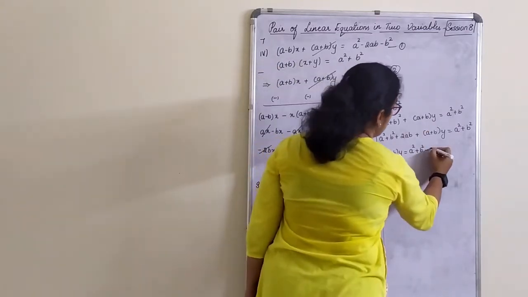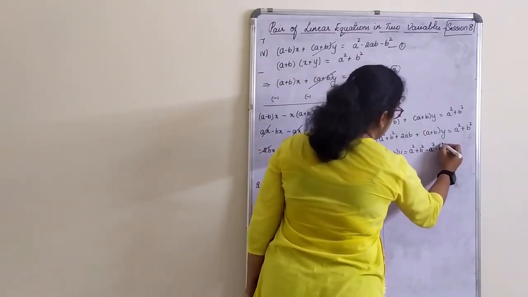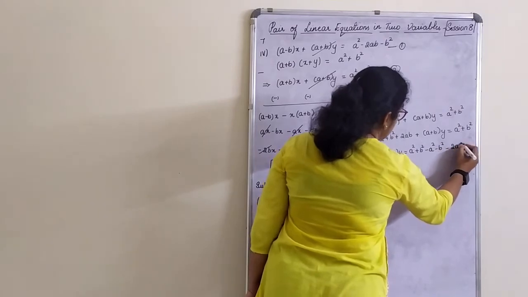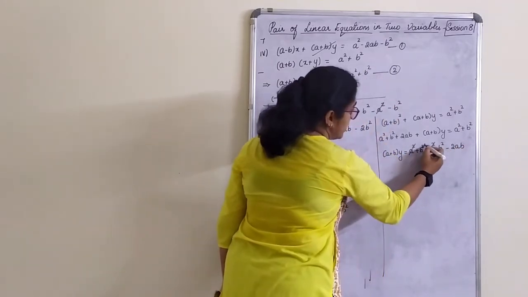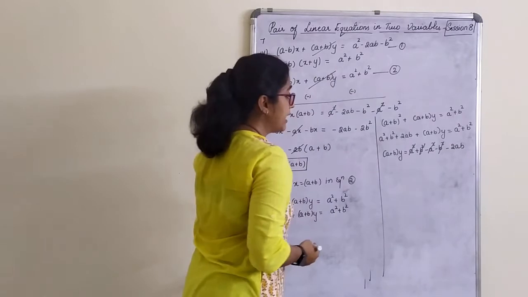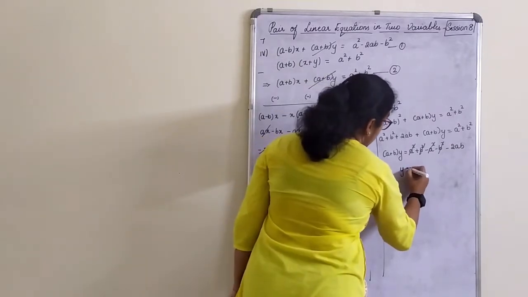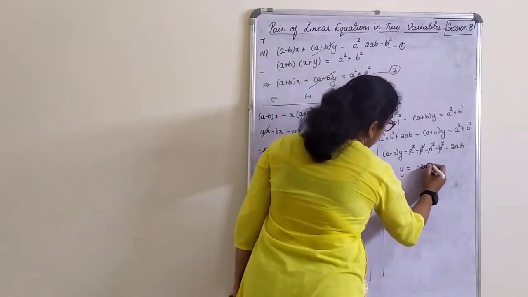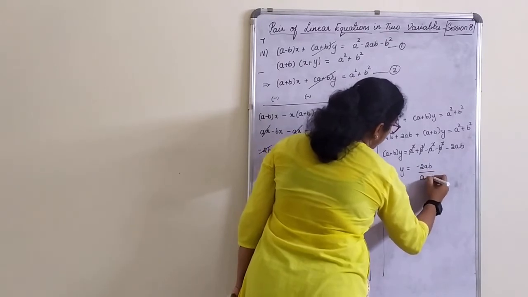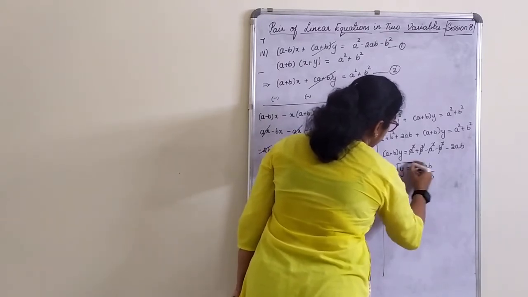Transpose this: minus a square minus b square minus 2ab. A square, b square will get cancelled. Y is equal to minus 2ab over (a plus b).